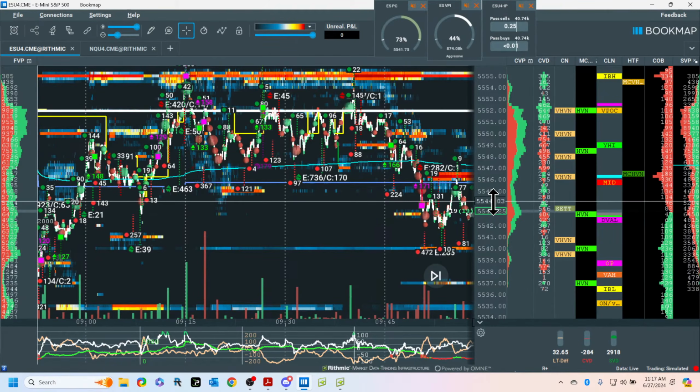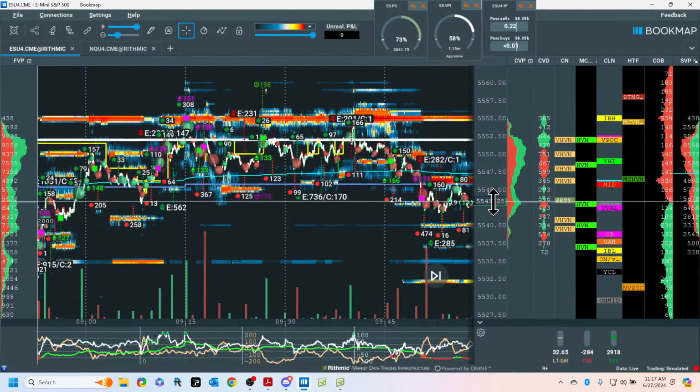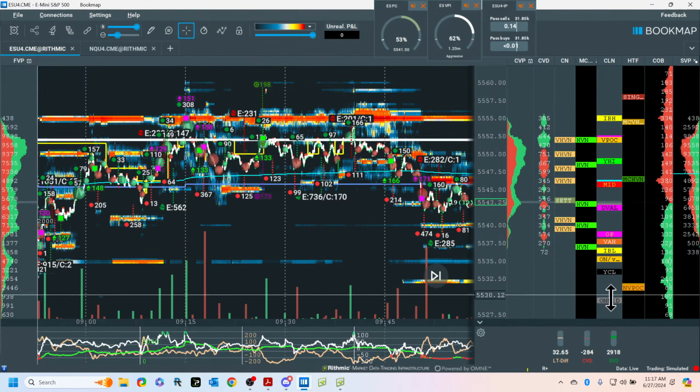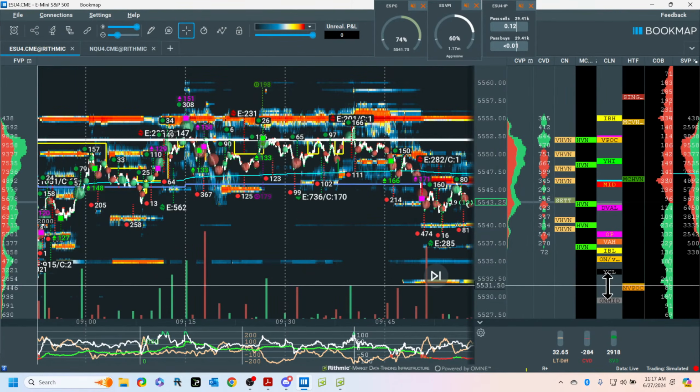Overnight volume point of control, high probability, naked volume point of control, high probability, and there's another one. Well, overnight mid, but this is the primary target.